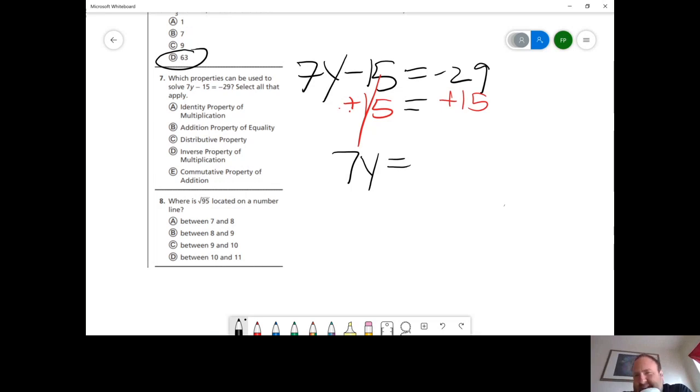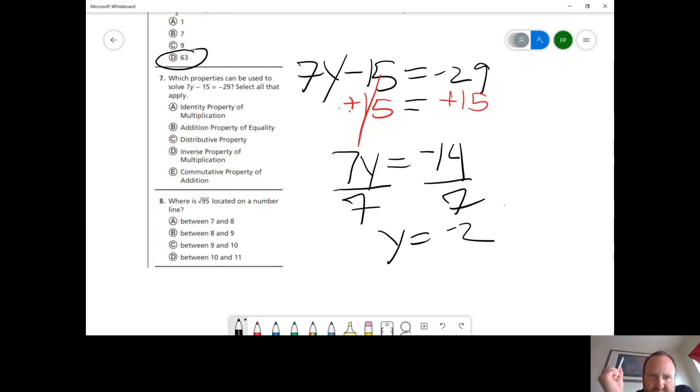And then from 19, well, there's a 5. We're going to add 5 to that. So really at that point, we're at negative 14. And then we divide both sides by 7. And we have y equal to negative 2.